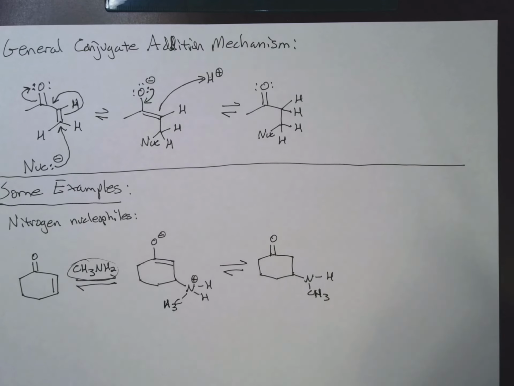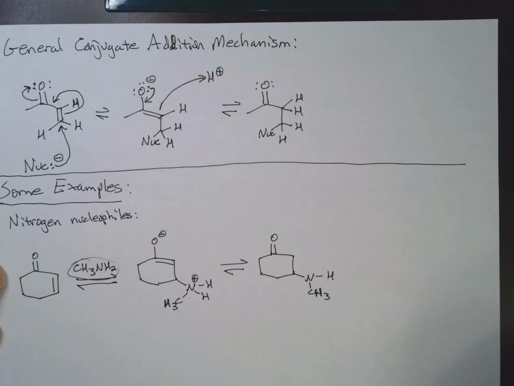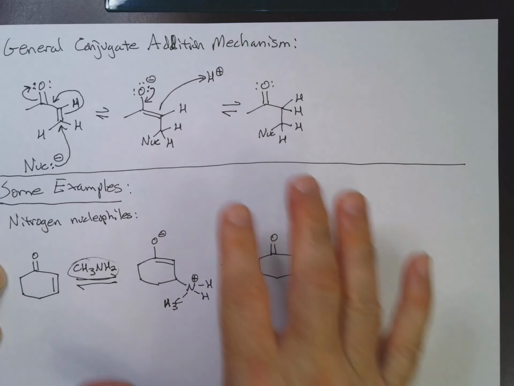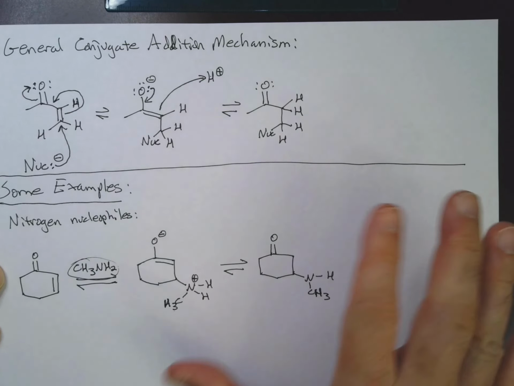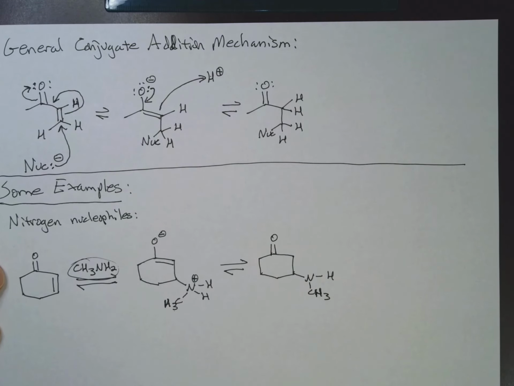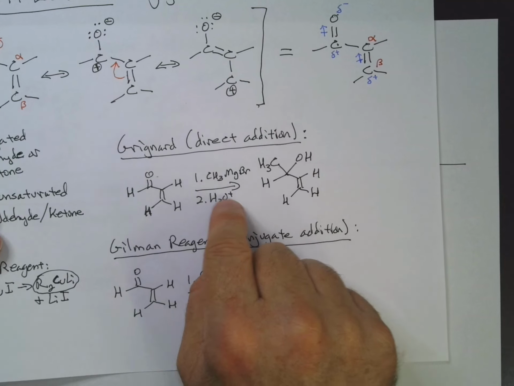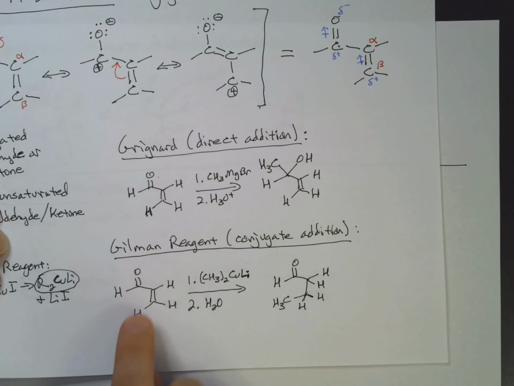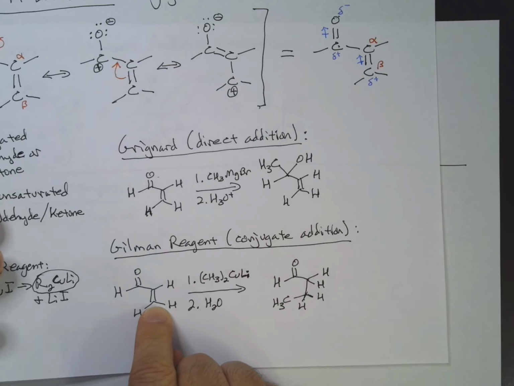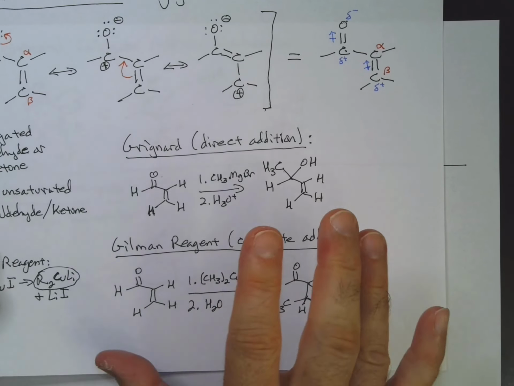So there are a variety of nucleophiles that will add preferentially at one versus the other. So one important thing to remember is actually the Grignard adds directly, the Gilman adds at the conjugate, the beta carbon. So I would say that's one of the take-home messages here.